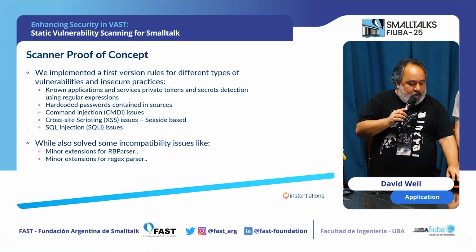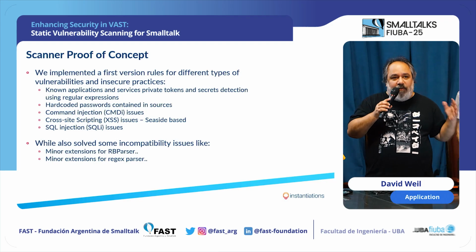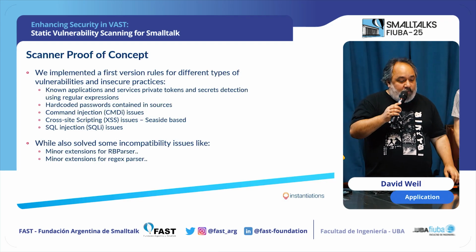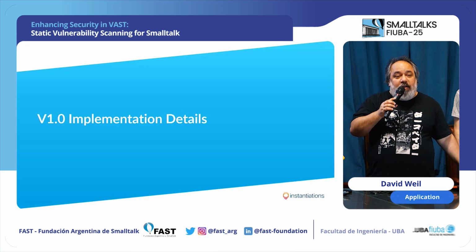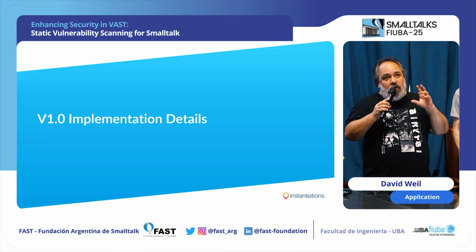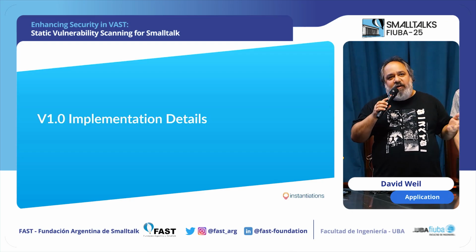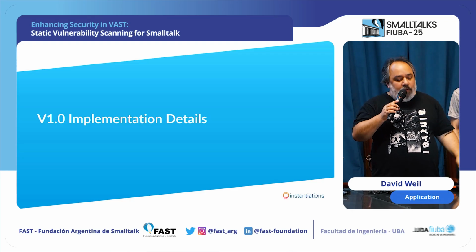With that done, the company decided to turn that into a product. That is where we started to work on what would be the product itself. That required many changes apart from the code scanning part.